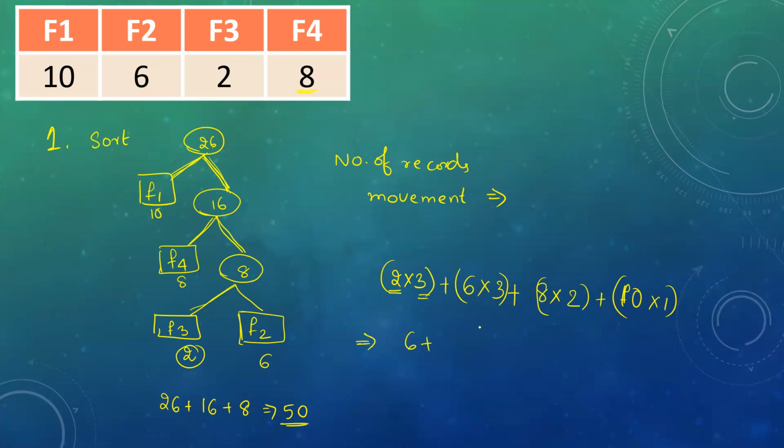So this will give you 6, and then 18 plus 16 plus 10. So 26, 34, 44 and then 50. So the number of record movements is 50, and this is your optimal merge pattern.